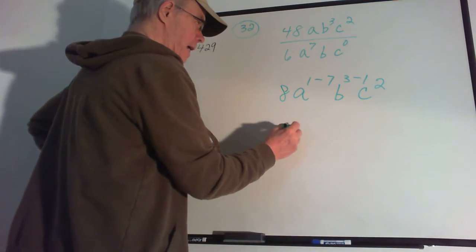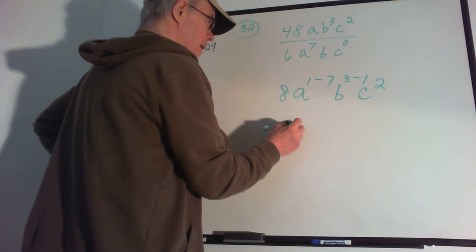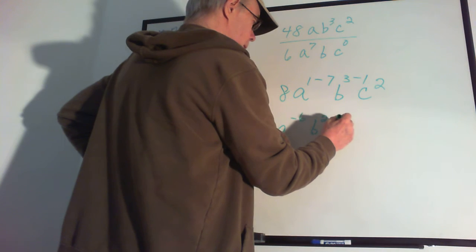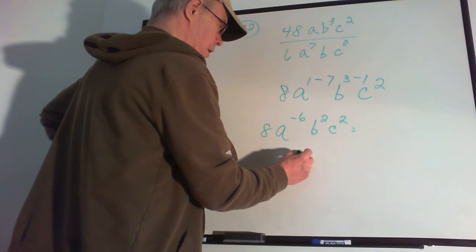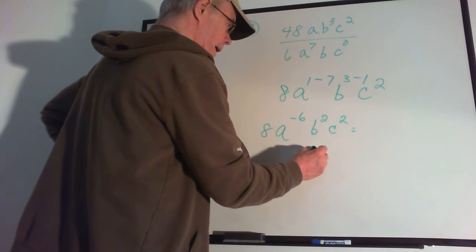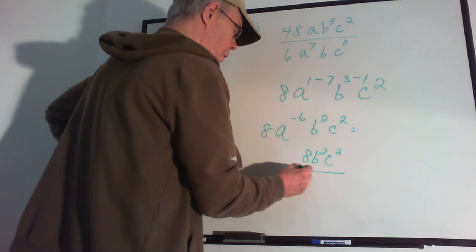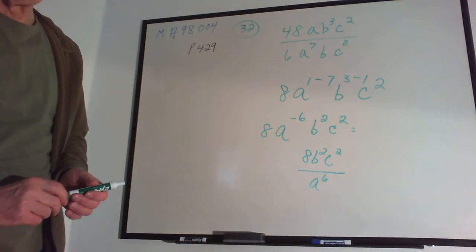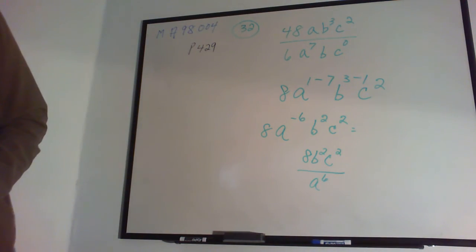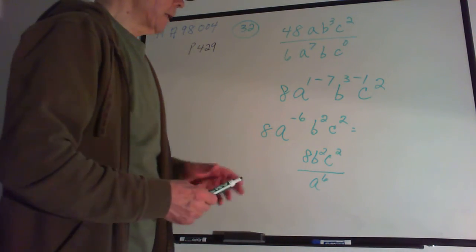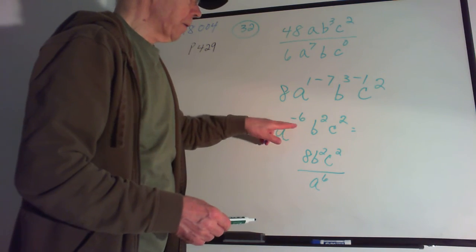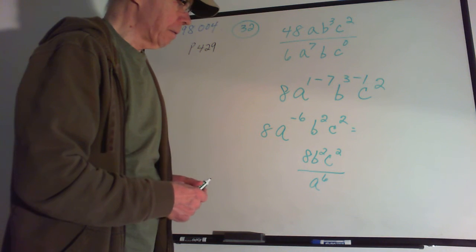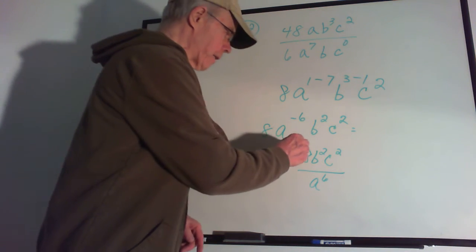So you're going to get 8a to the negative 6, b squared, c squared. You can subtract your exponents. I don't want negative exponents, so I'll put them in the denominator. So it's going to be 8b squared c squared over a to the 6. This becomes your answer.